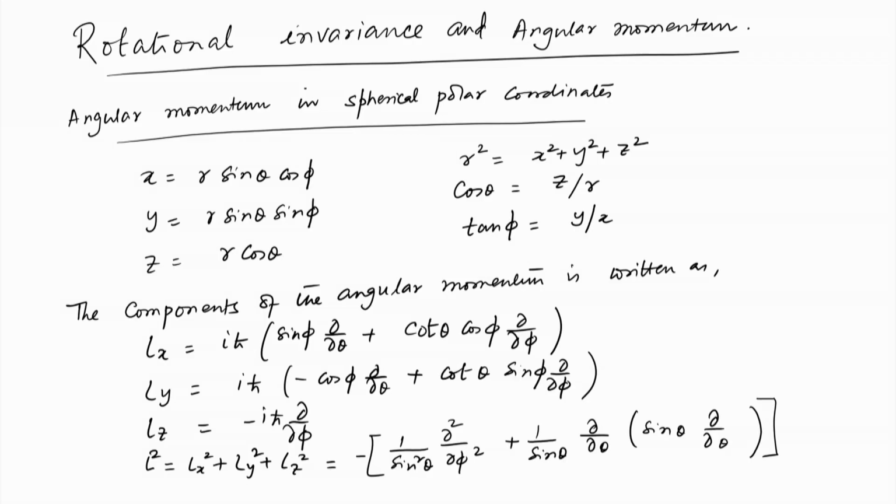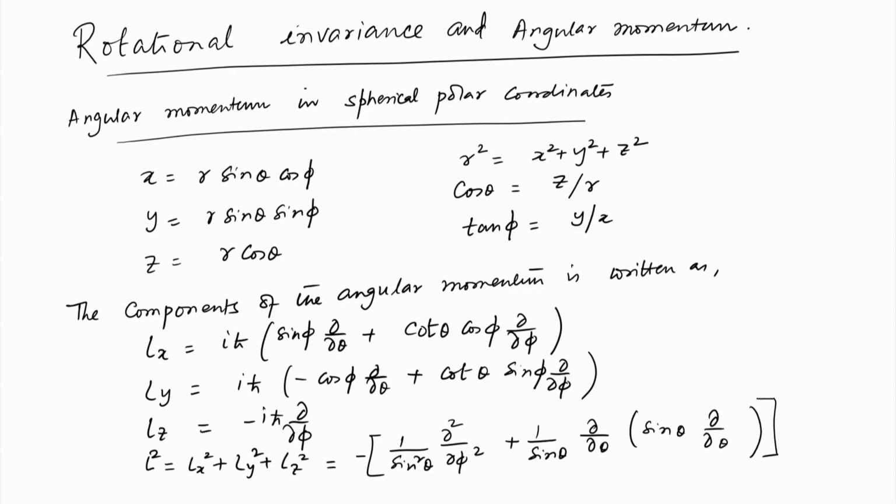So, let us try to define angular momentum in spherical polar coordinates, and we will see in just a while that this is purely a function of the angular variables, namely theta and phi. We know that the x, y and z coordinates in the Cartesian coordinate system are written in terms of r, theta and phi as this: x equal to r sin theta cos phi, y equal to r sin theta sin phi, and z equal to r cos theta, and r square equal to x square plus y square plus z square.